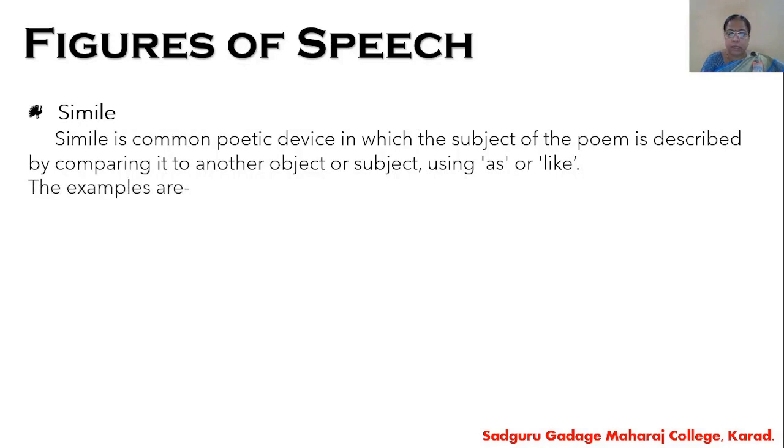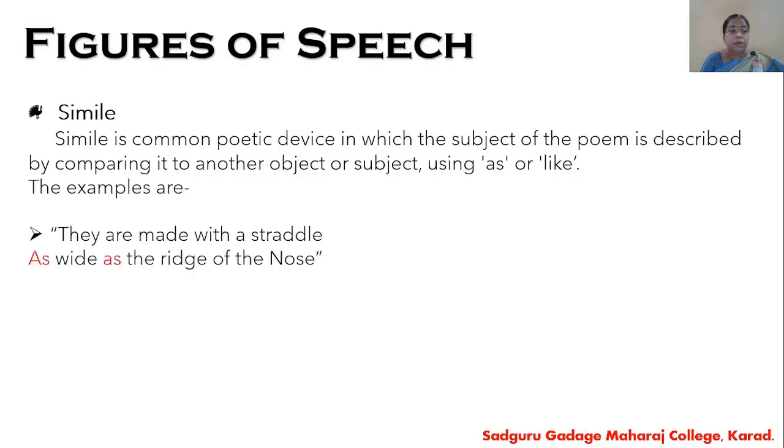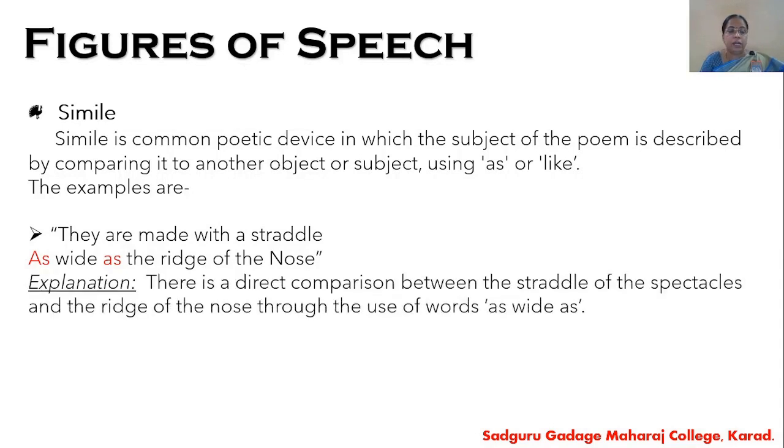The examples are: they are made with a straddle as wide as the ridge of the nose. Explanation: there is a direct comparison between the straddle of the spectacles and the ridge of the nose through the use of words as wide as.